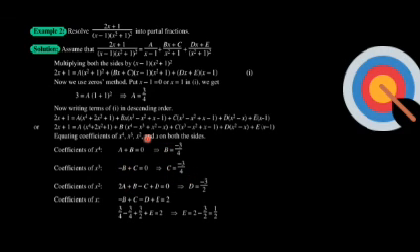Similarly, for x square, I check all the coefficients in these terms. So x square has a coefficient 2A from this term, plus B from this term, and minus C from this term. Also there is another plus D from this term. So 2A plus B minus C plus D are the coefficients of x square on the right side.